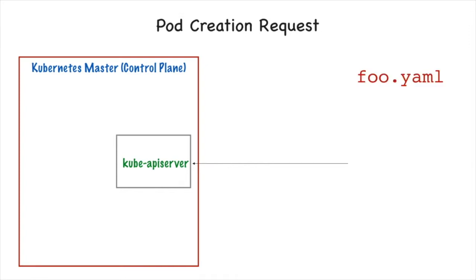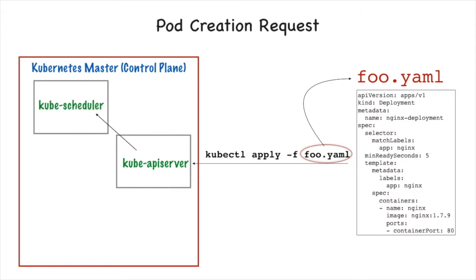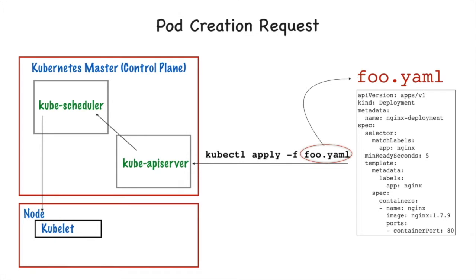So let's say, for instance, that a new request has come in to create a certain pod. That request was sent by the user using a YAML manifest file to the Kubernetes cluster. It was picked up by the API server, parsed, and then handed over to the scheduler, all of which runs on the control plane. The scheduler then made a decision.